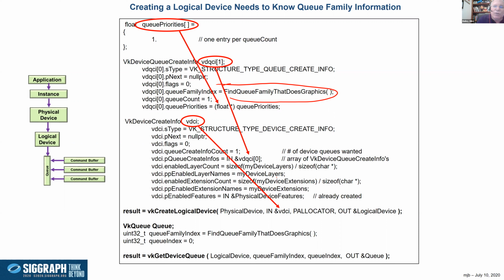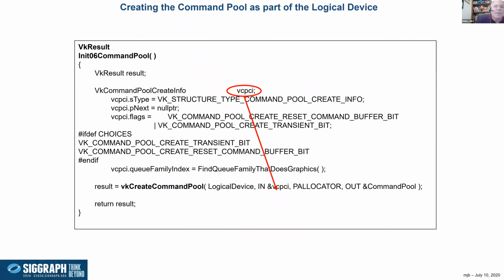There's a way of looking at the extensions and the device layers. And then there's a way of creating a command pool. The pool is just like the pool in the descriptor set. What they're saying is that command queues are time consuming to create, so don't create them on the fly, just allocate them out of a pool.